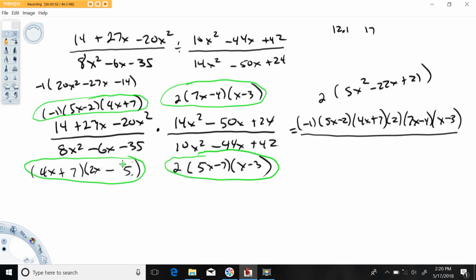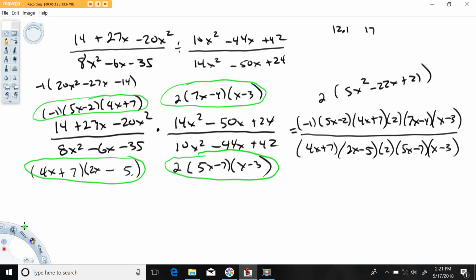The bottom of this fraction is this stuff, 4x plus 7, times this guy, 2x minus 5, times 2, times 5x minus 7, times x minus 3. All right, so now we're going to look here for things that will reduce.